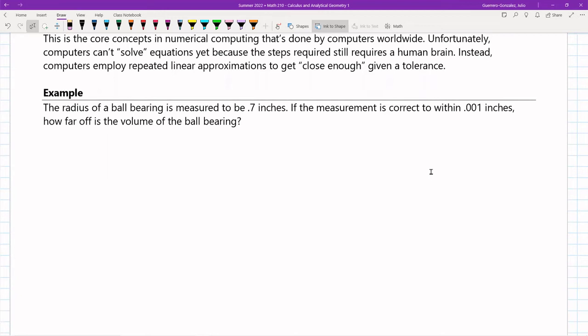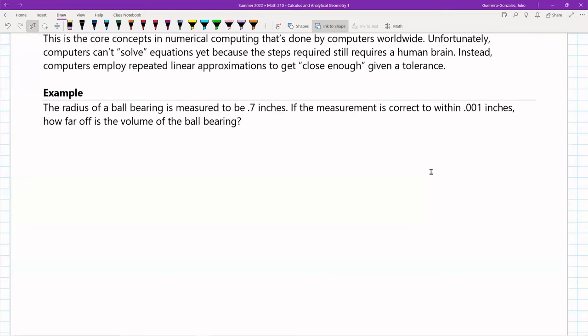It doesn't entirely know how to take a derivative unless you program it to do so. And those programs are very, very long, very, very complex. So what a computer tends to do is it approximates as best it can using linear functions. It uses linear functions to do approximations.